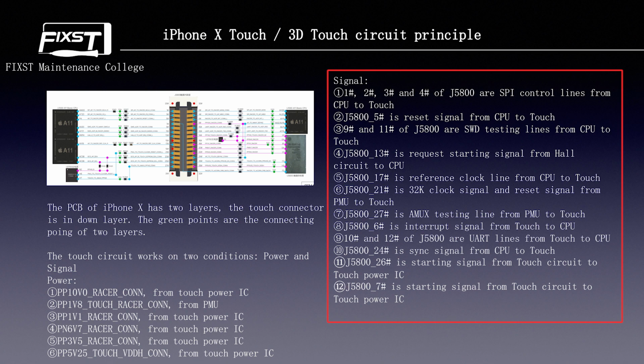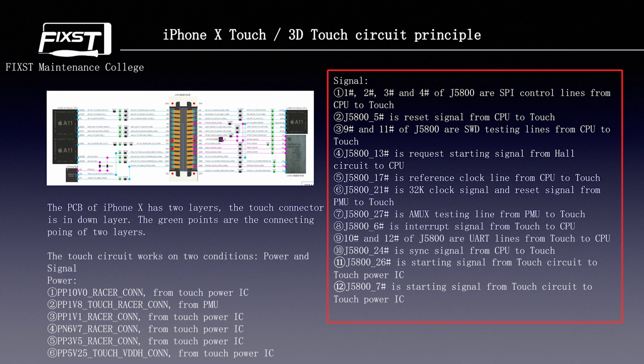6. Pin 11 of J5800 is 32K clock signal and reset signal from PMU to touch. 7. Pin 27 of J5800 is AMUX testing line from PMU to touch. 8. Pin 6 of J5800 is interrupt signal from touch to CPU. 9.